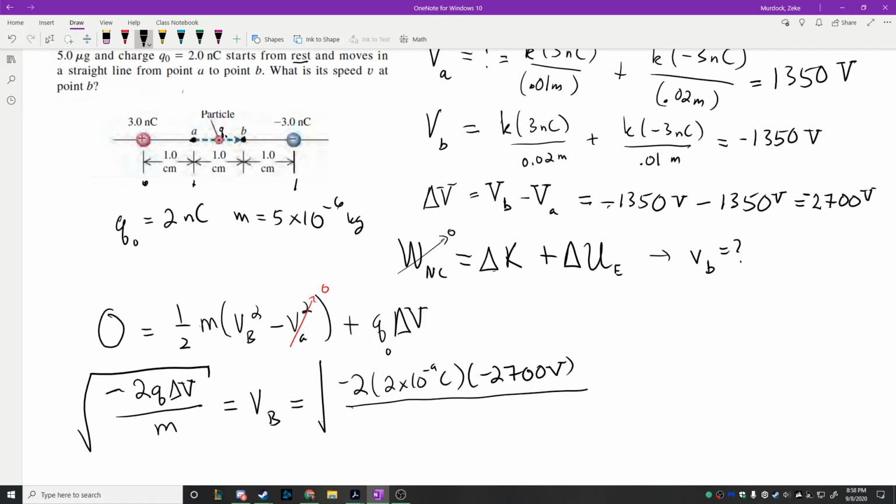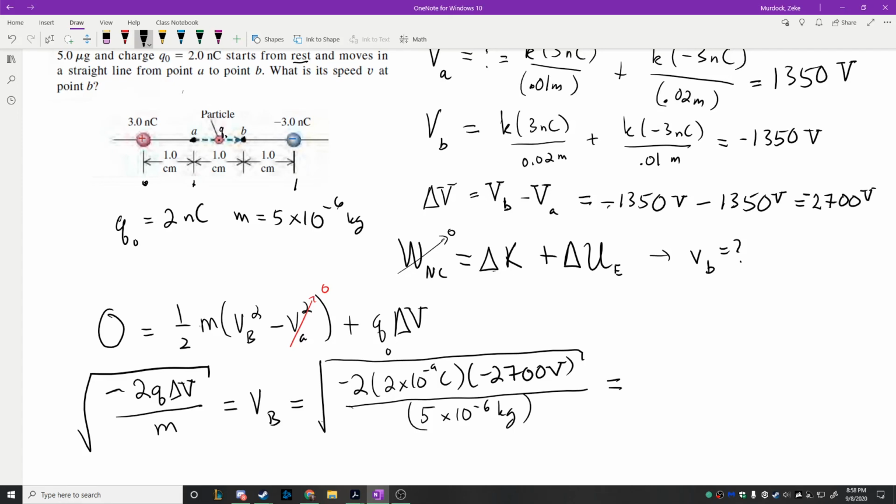Because either delta V will be negative, or the charge will be positive and delta V will be positive. Did that resonate with any of you guys? I shouldn't do that in the middle of a problem, just start talking about random things, but if that negative sign bothers you, don't worry about it, because either delta V will be negative or Q will be negative. Not both. If they're both negative, then you've got a problem.